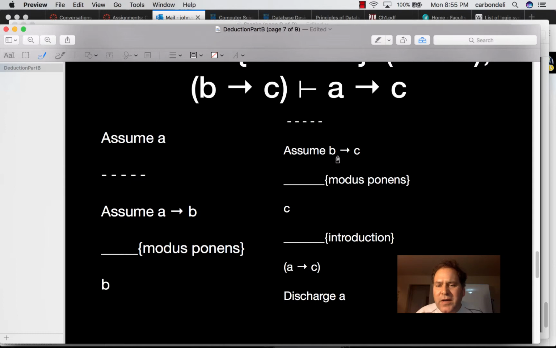And then we can assume B implies C, and we can apply modus ponens to show that C is true.